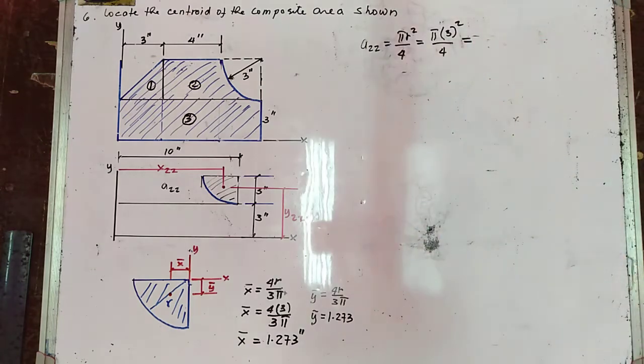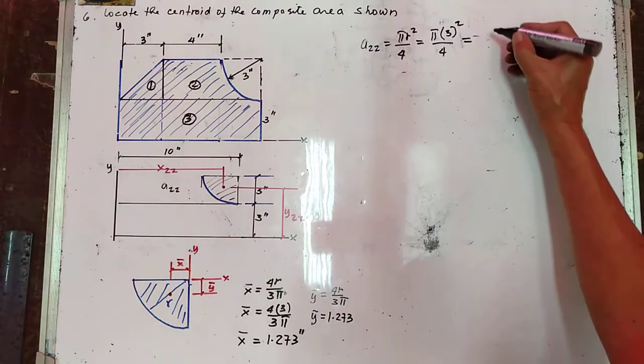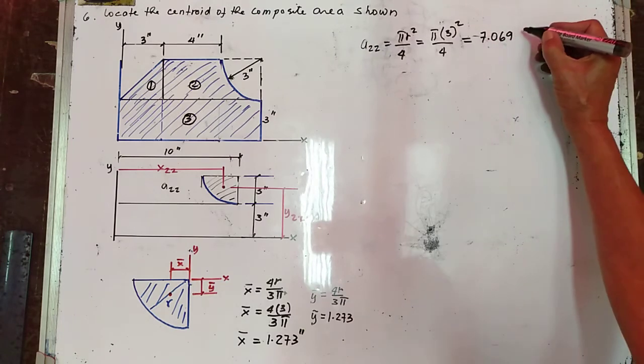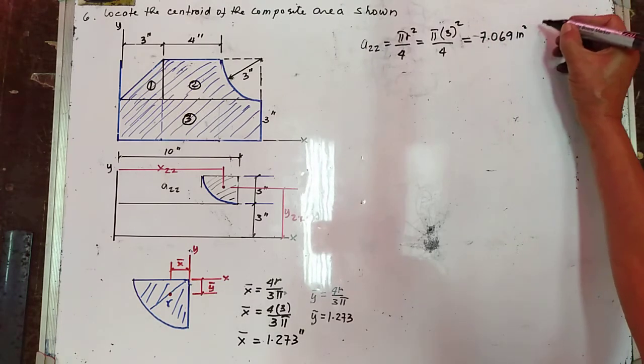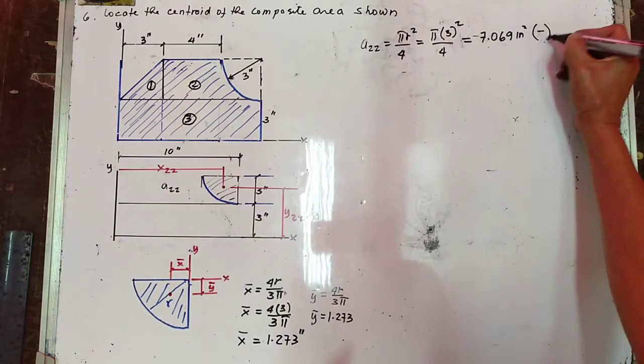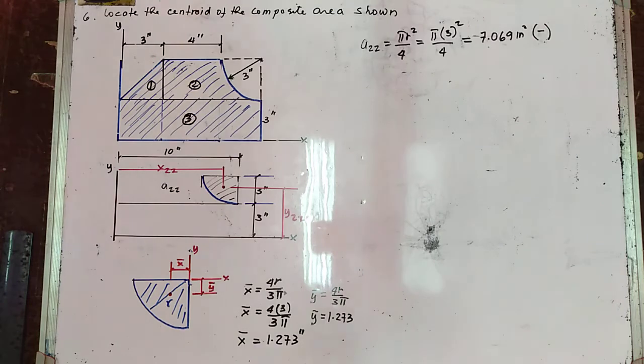So the area is equal to 7.069 inches squared. Again, we remove the area, hence this is negative.